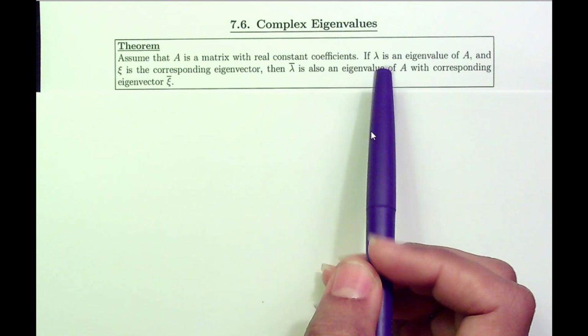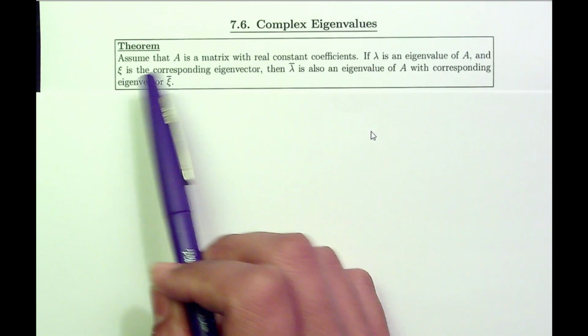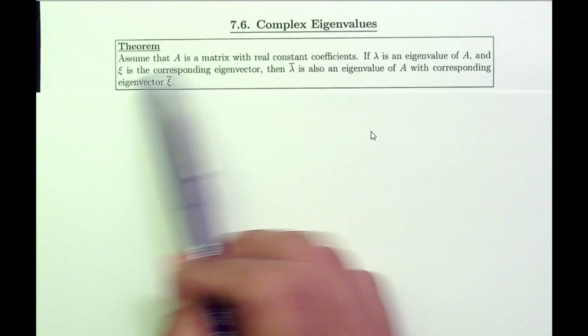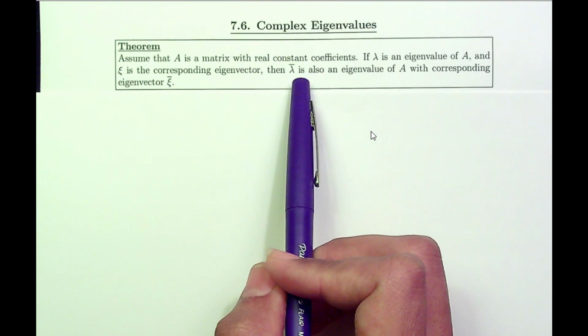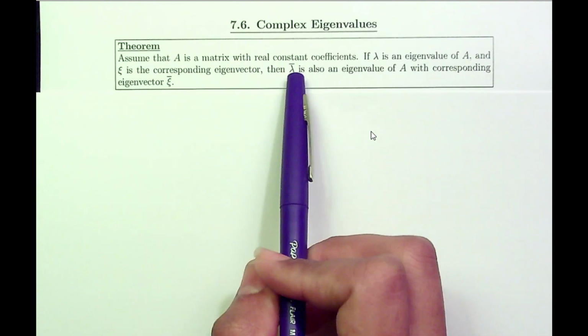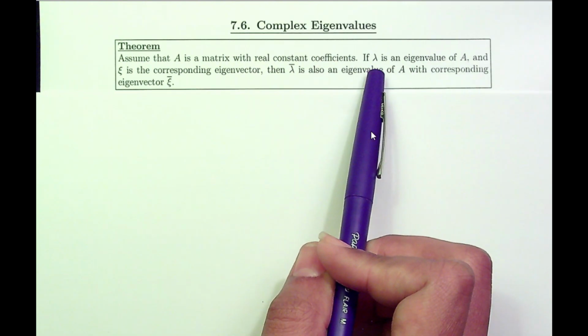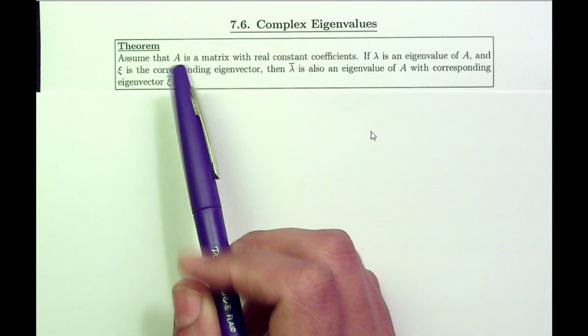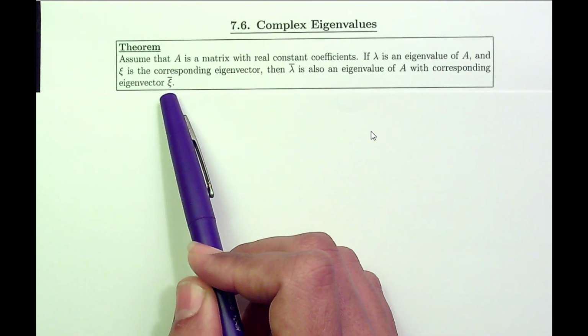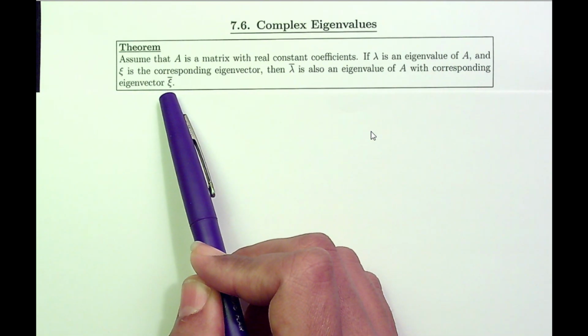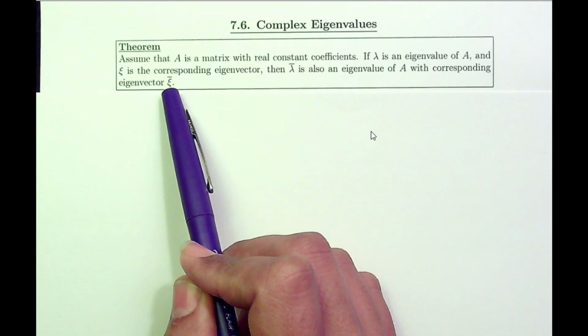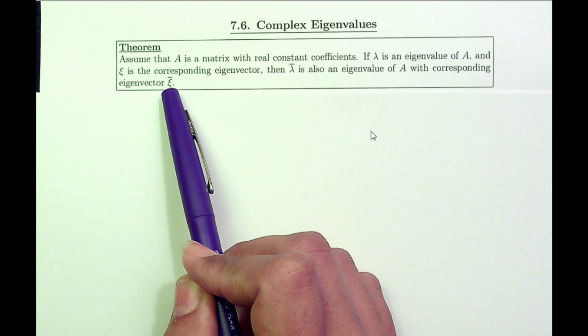So if you have an eigenvalue and you find the corresponding eigenvector psi, then actually lambda bar, the complex conjugate, is also going to be an eigenvalue, and the eigenvector, you get it for free. The corresponding eigenvector is going to be psi bar. That means you just take the complex conjugate of all the entries in psi.